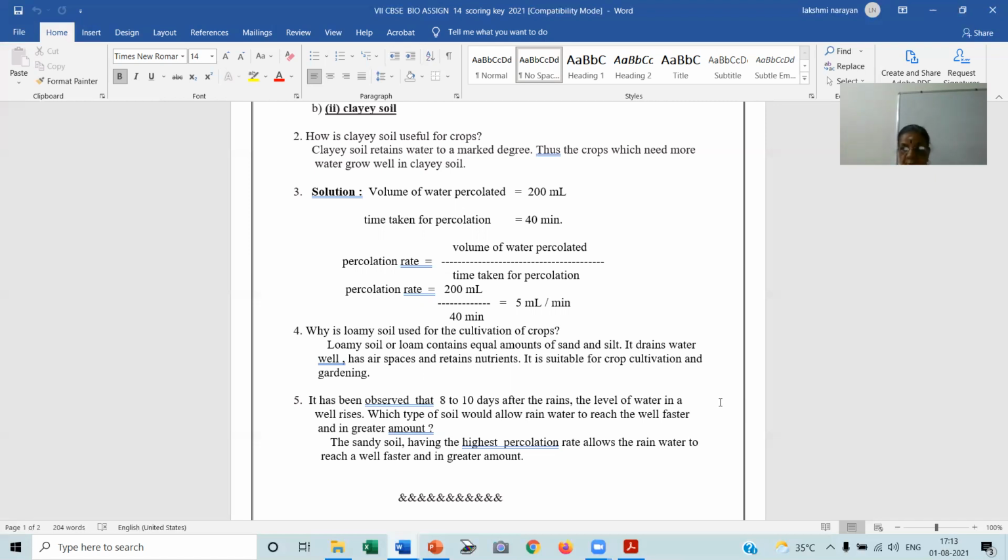Question 2, 3, 4, 5, go through in order. One by one, line by line. Third, the solution for the problem. Again, line by line, please go through.